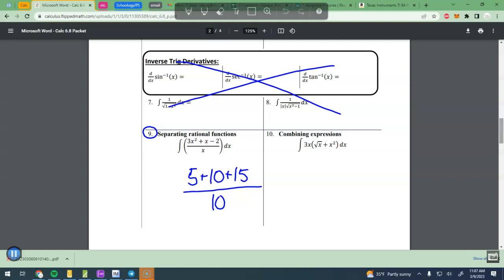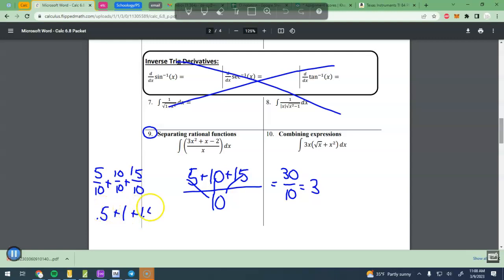So that's 30 over 10, right? Which is 3. Well, what if I did this? 5 tenths plus 10 tenths plus 15 tenths. What do those add up to? 0.5 plus 1 plus 1.5. Isn't it also 3? So my point is you are allowed to separate fractions like that. There could be 10 things divided by 1 thing, and you can make all of those individual things divided by the thing on the bottom.